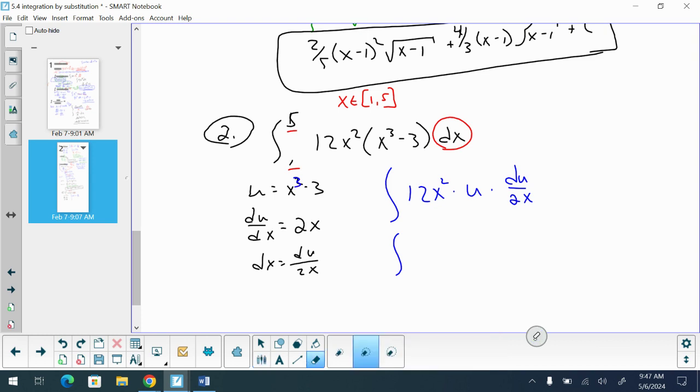I goofed that up. So we have 3x squared and 3x squared. Sorry about that. So if we simplify, we'd come down to a value of 4u du. But what we have switched our variable to is u.